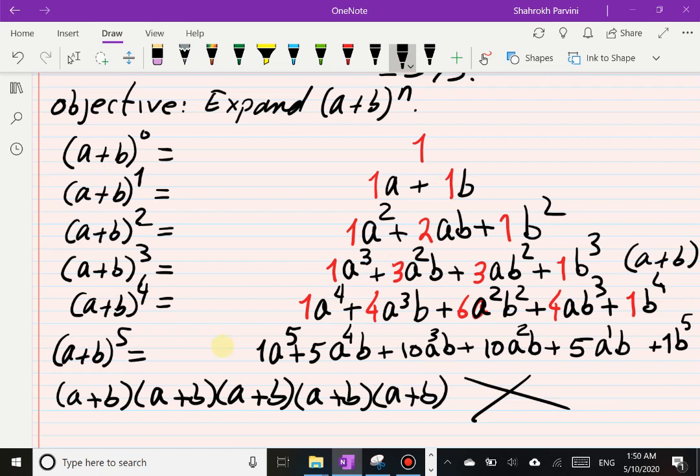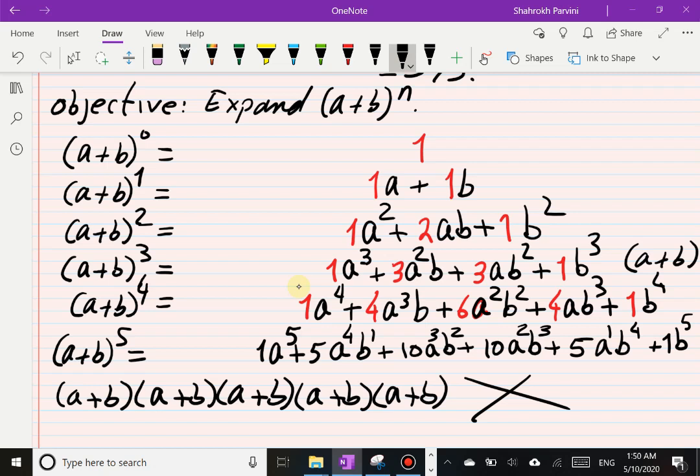Now look at the exponent on b. It starts with 1, then it's 2, 3, 4. Or if you look at it the other way around, it's 4, 3, 2, 1 to nothing, going from right to left.